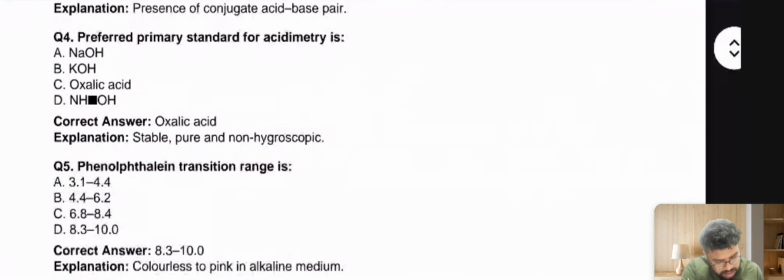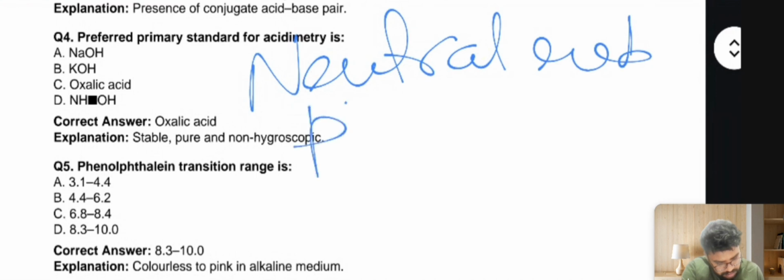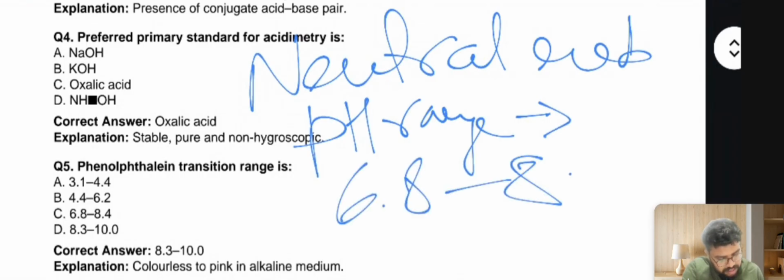Neutral red, pH range around 6.8 to something like 8.